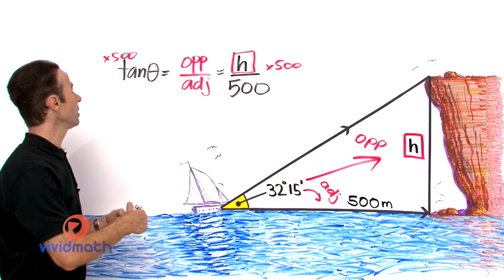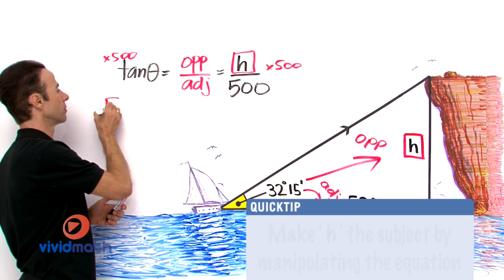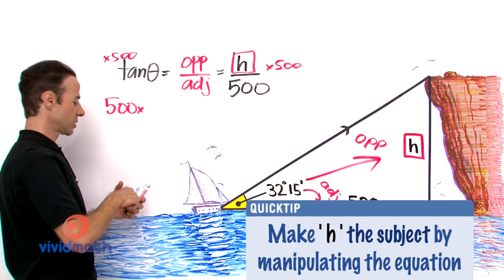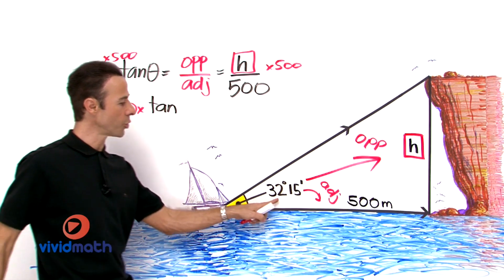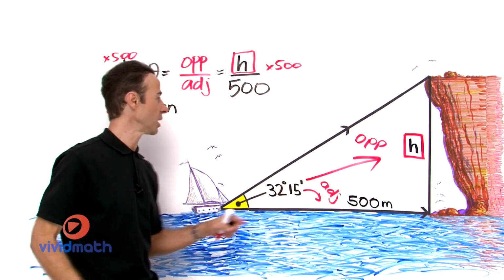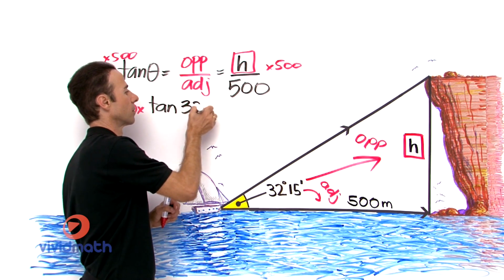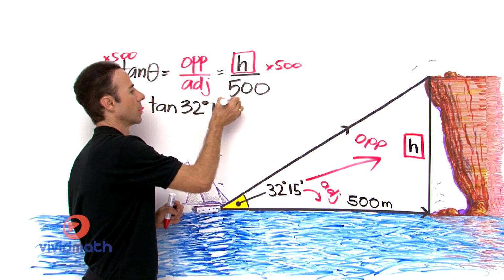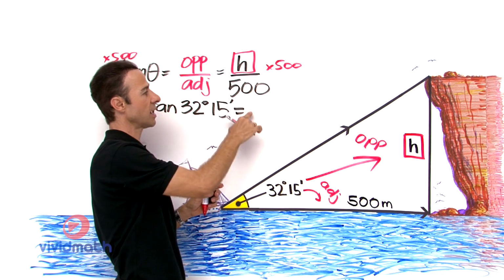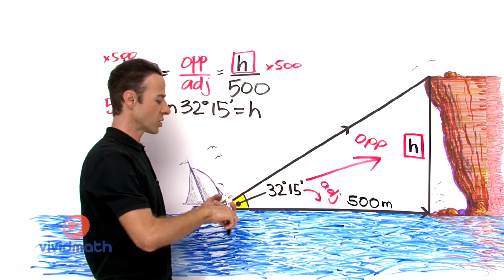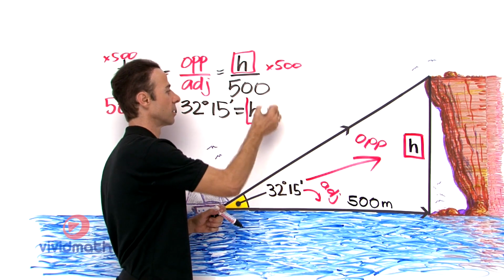So it's going to be 500 times tan 32 degrees, 15 minutes, and that's going to equal h, which is the height of the cliff.